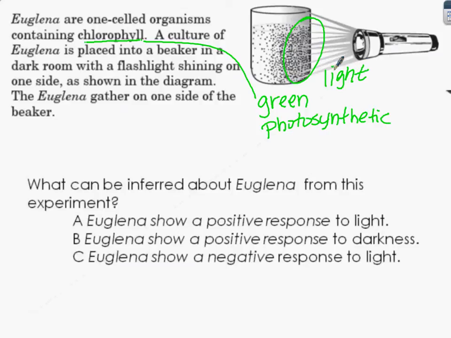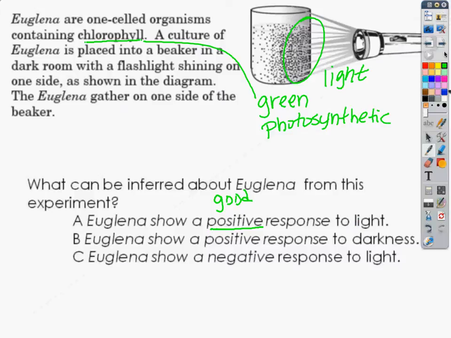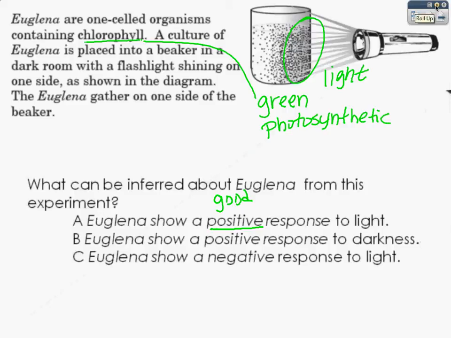So if we look at our 3 choices, euglena show a positive response to light. Positive, that's a good thing. That means you like it. And so they do like light. They like light because they're photosynthetic. So A is, of course, the right answer, but let's keep looking.